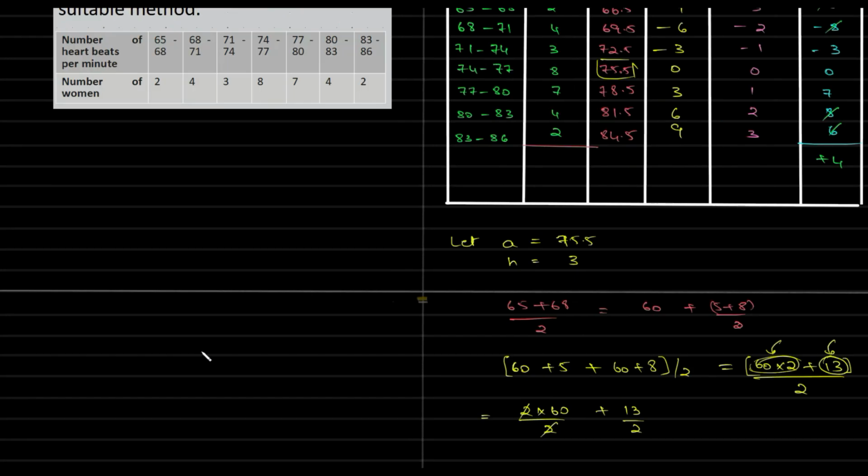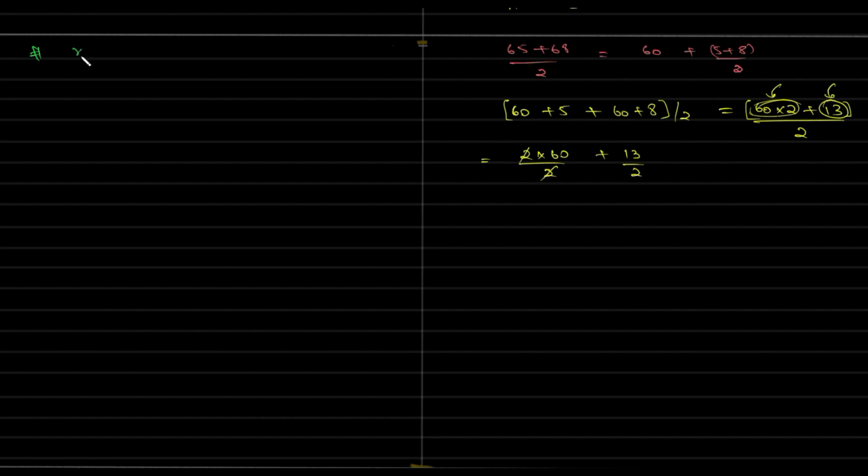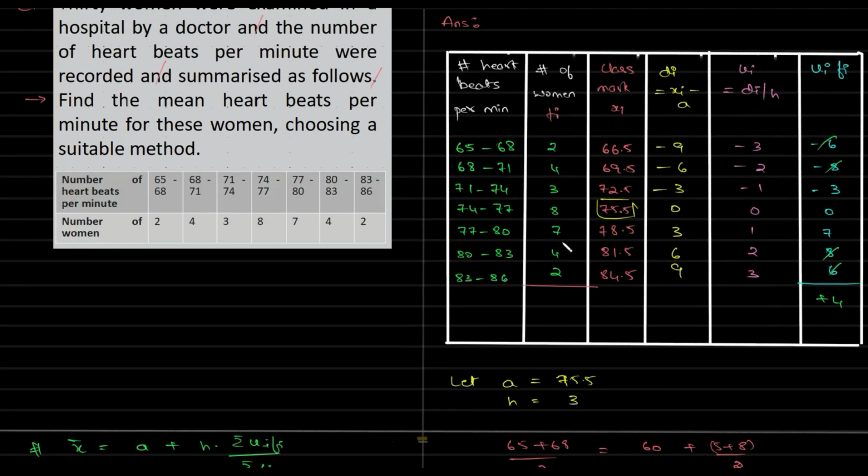Right? And the last step is taking the formula and substituting. X bar happens to be a plus h into summation of ui fi divided by summation of fi. Sorry, this is ui. So a happens to be 75.5, h happens to be 3, summation ui fi happens to be plus 4, and this, okay, I didn't add. 4 plus 2 plus 4 is 6, 6, 12, plus 8 is 20, 7 plus 3 is 10, 30.